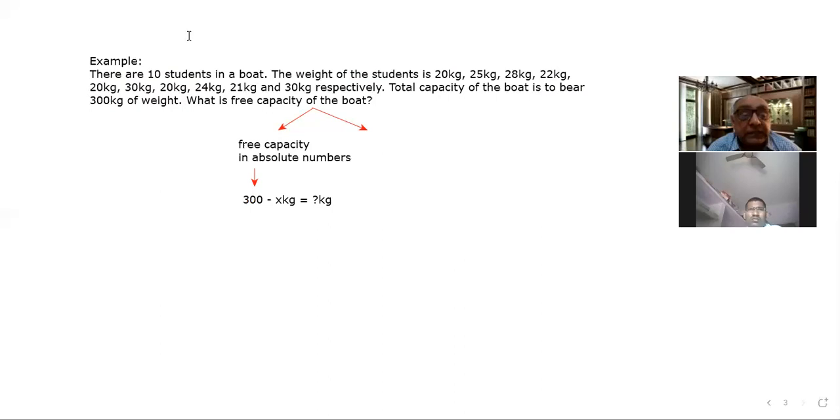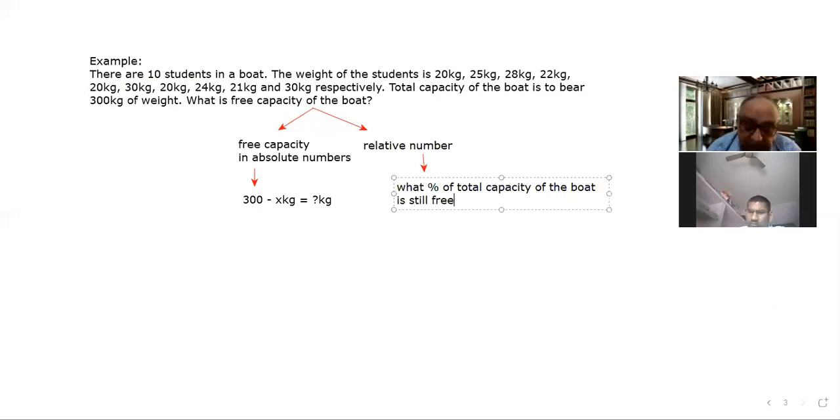One is that, and second is that you may be asked to give the answer in the relative number. Relative number means, in this case, you need to present what percent of total capacity of the boat is still free. So you need to do it in that way also, right?